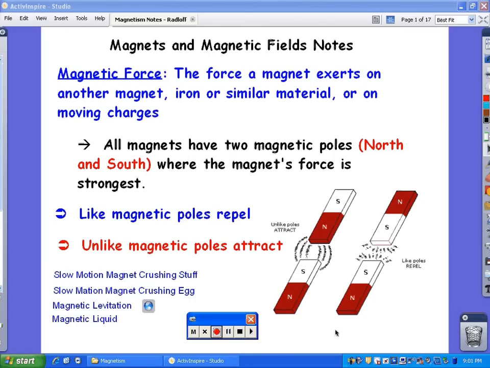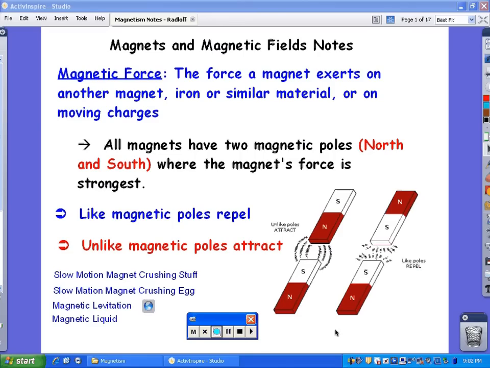Some of the stuff's pretty basic, I assume you know it. All magnets have two magnetic poles, the north and the south, where the magnet's force is the strongest. Like magnetic poles repel, unlike magnetic poles attract. If you'll remember back to electricity, this is the exact same rationale behind the electricity unit.